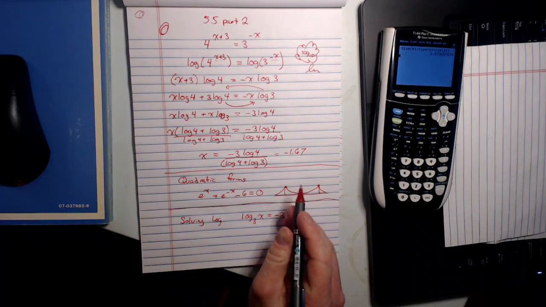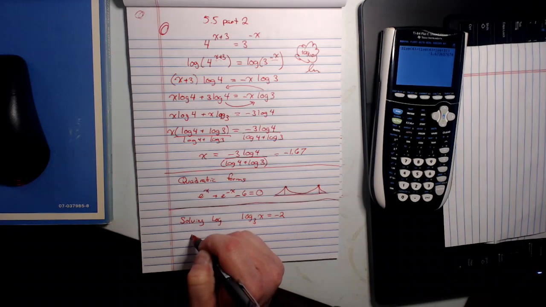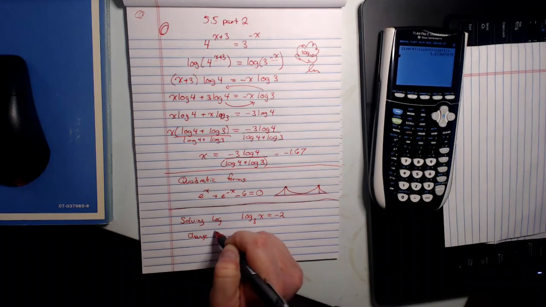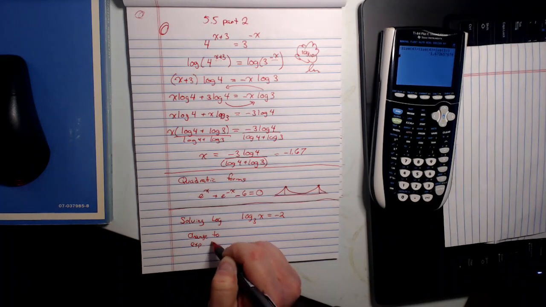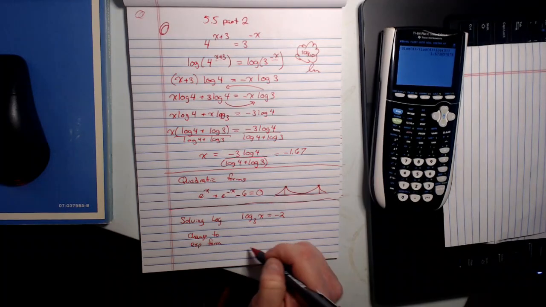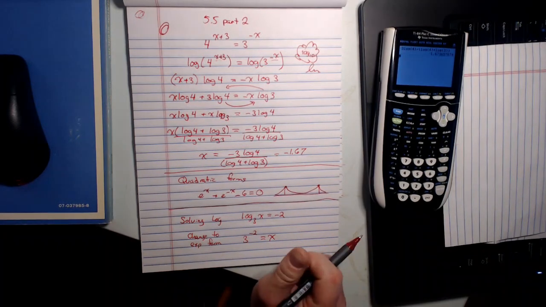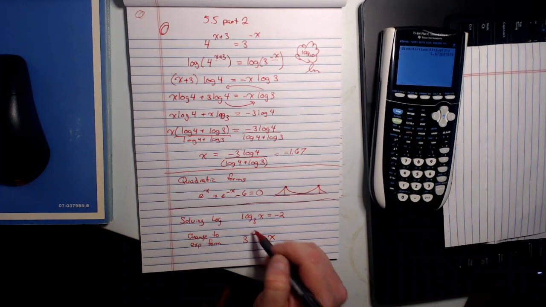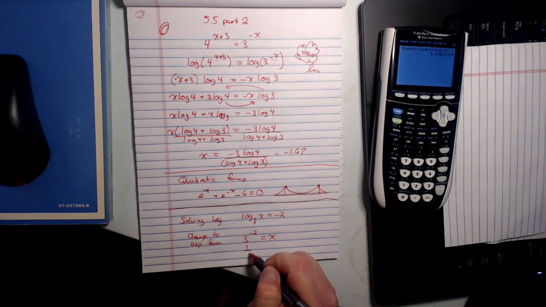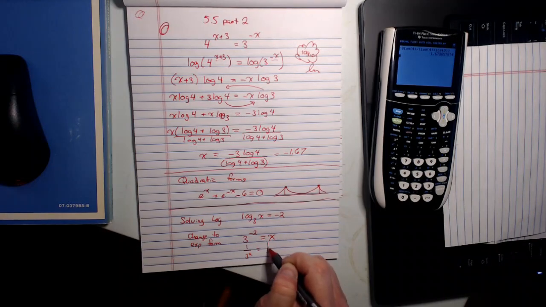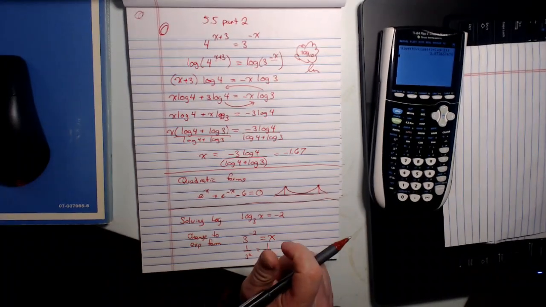Here, if we change it to exponential form, this becomes 3 to the minus 2 is equal to x. Now you can type this on a calculator or recognize that's 1 over 3 squared, which is equal to 1/9.